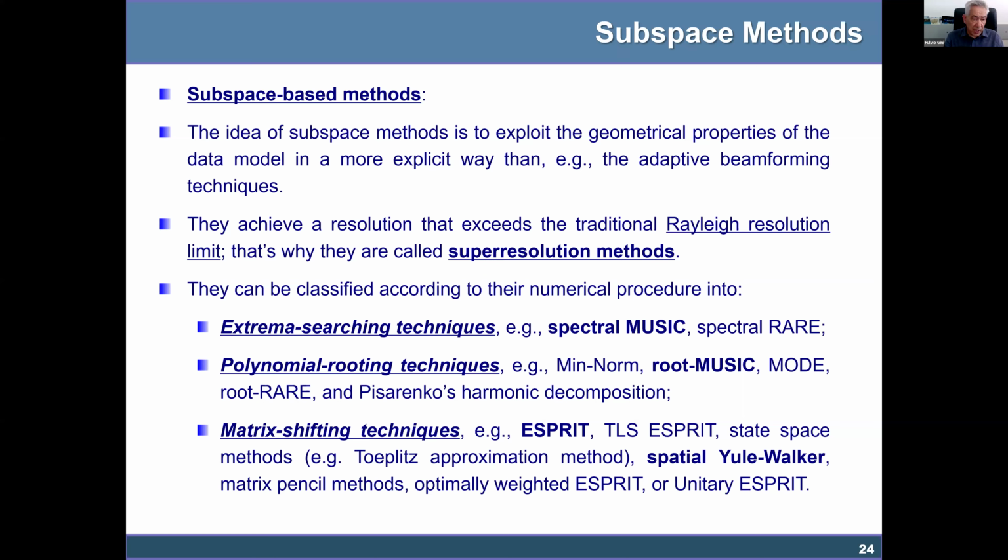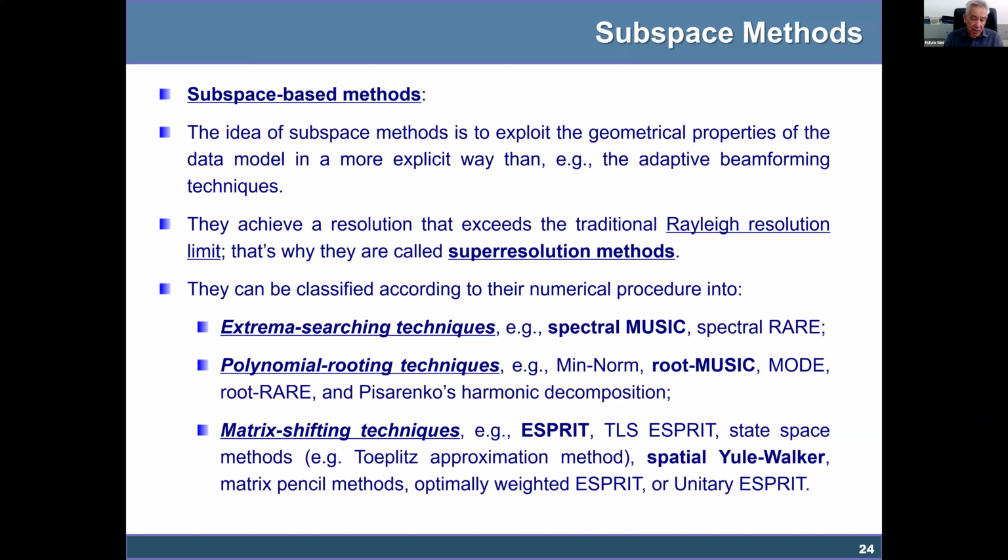And it has been proved that by properly exploiting the properties of the correlation matrix of the data, subspace methods can achieve a resolution that is better than the classical Rayleigh resolution. That's why, for this reason, they are called super resolution methods.